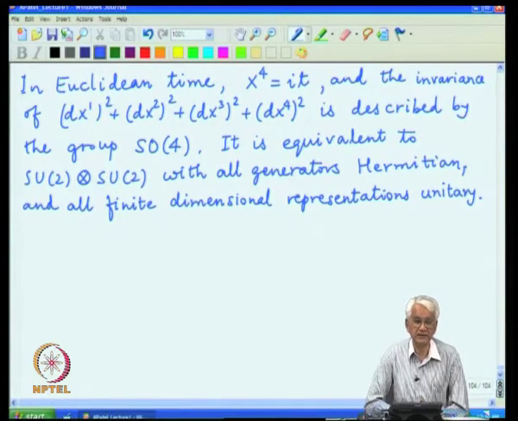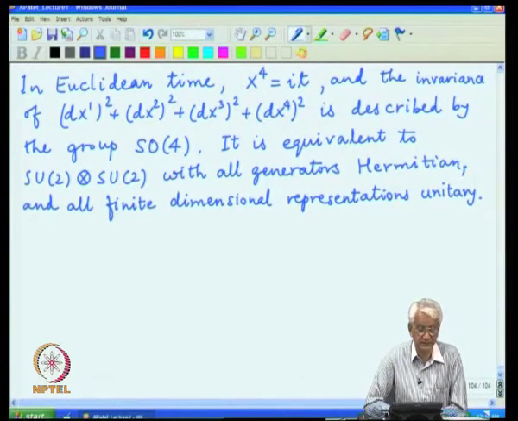So, this is the so called Euclidean space time, where things actually turn out to be simpler, because the group actually becomes a standard Lie group with finite dimensional unitary representation, and it is much easier to handle.